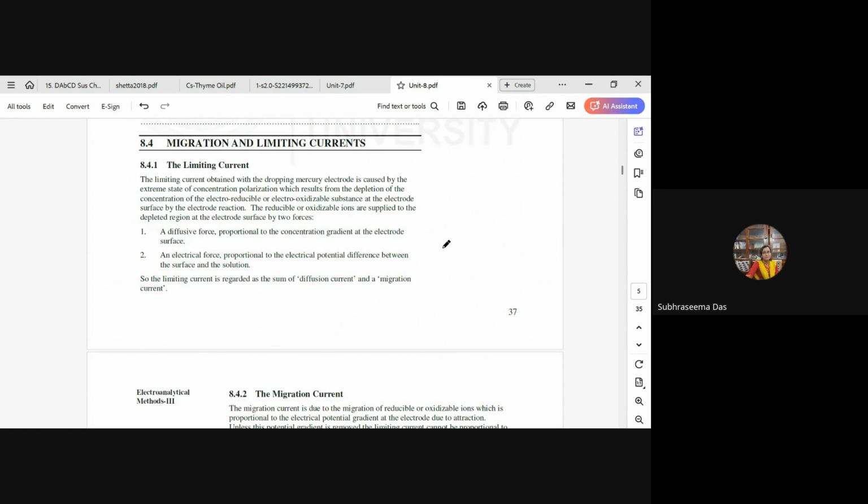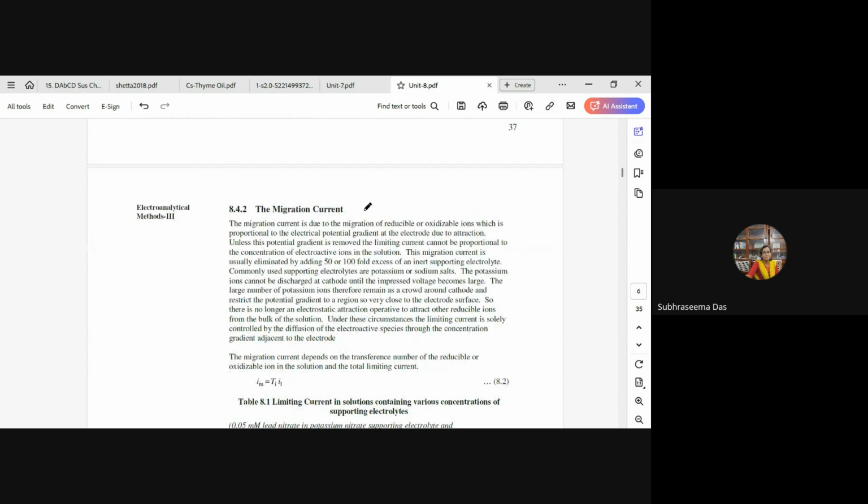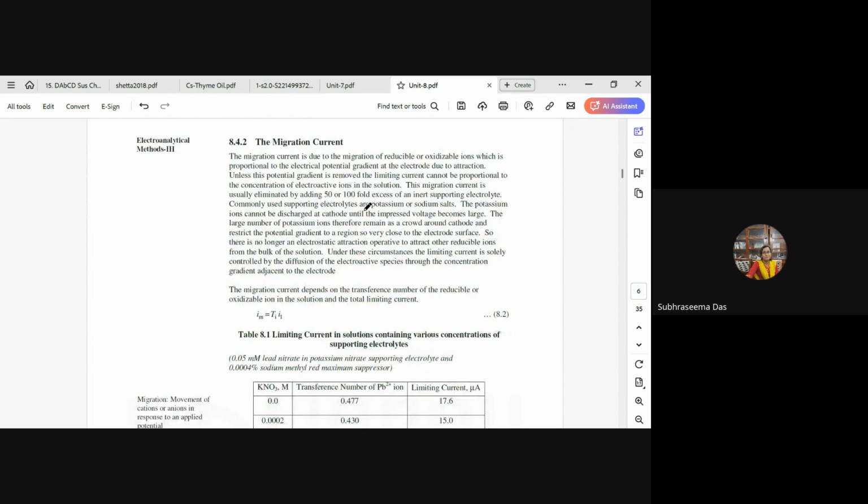One is the diffusive force, which is proportional to the concentration gradient, and the other is the electrical force, which is proportional to the electric potential. So the limiting current is often regarded as the sum of the diffusion current and the migration current. So now coming to migration current.